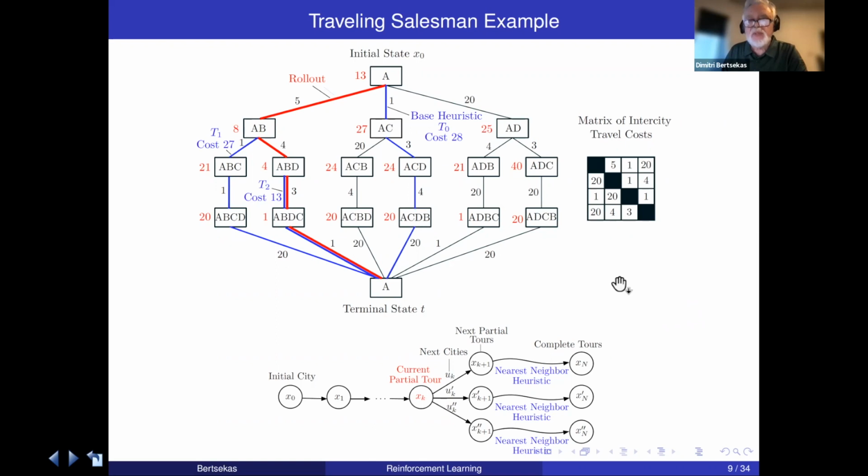We start from the base heuristic, get a better trajectory, and then a better trajectory after that, and so on. So from 28, we went to 27 to 13. Of course, I should tell you that some conditions are required for this. Generally, it is true when the base heuristic is of the greedy type. However, we're going to be more precise as we go along, probably 3 lectures from now.